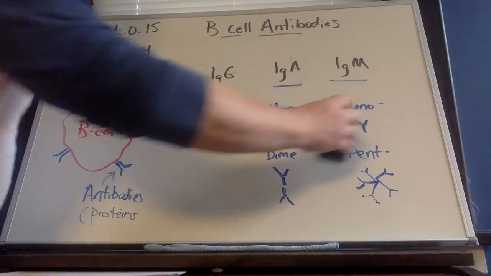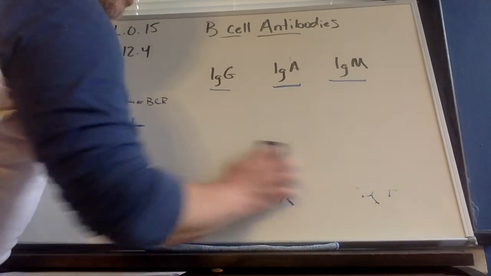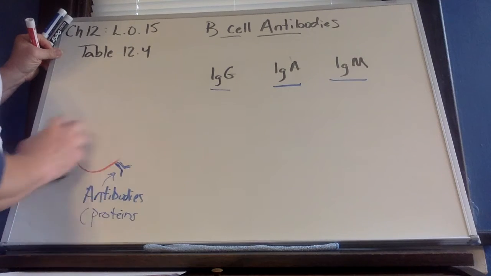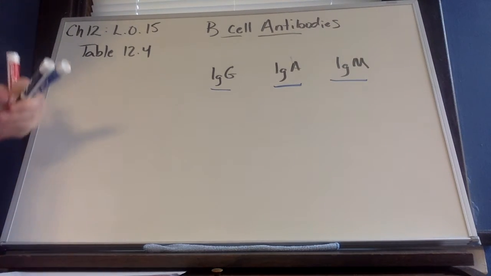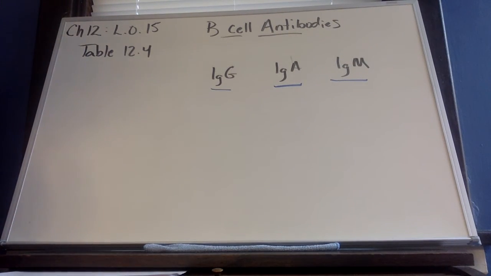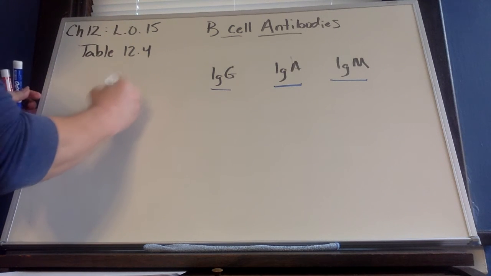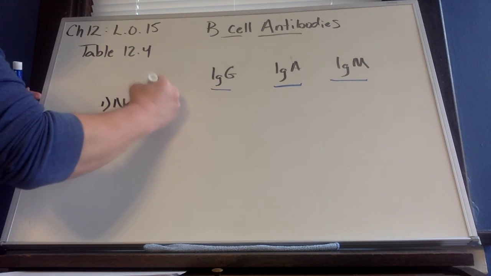The other thing that you need to know about each of these antibodies is what part of the elimination process are they good at. So in the last section, we talked about 3 different ways that B cells will eliminate things. One of those was neutralization.